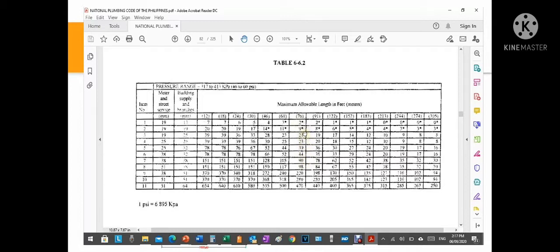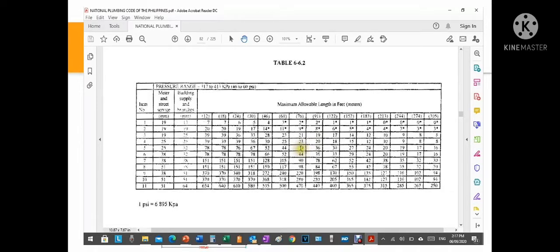Okay? Then, if we compute the fixture unit, you look where it falls here, the value equal or greater than the fixture unit you computed. Like, for example, if your fixture unit computed for the entire building is 24, 24 falls between 23 to 39. Okay, so you choose 39.